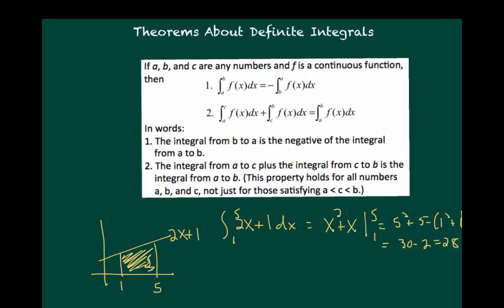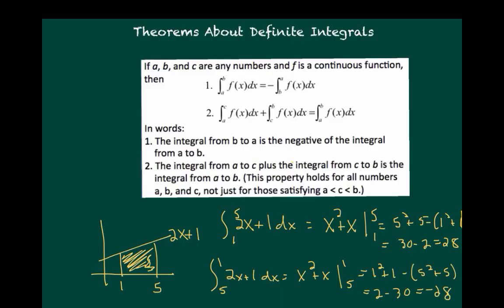Now, what happens if we switch the order of the limits? Let me show you. As you can see, nothing happens with what the antiderivative is. That's still x squared plus x. But now the order that we're going to plug in the limits changes. You can see that now we have 1 squared plus 1 minus 5 squared plus 5.